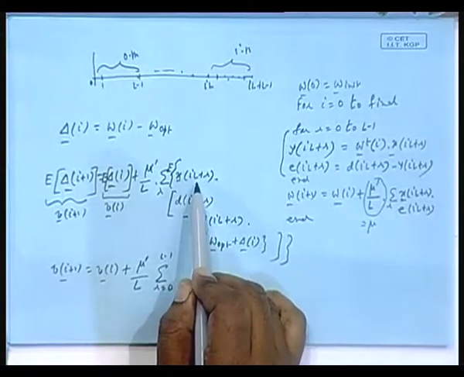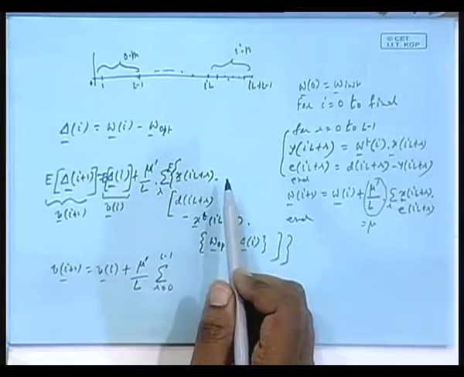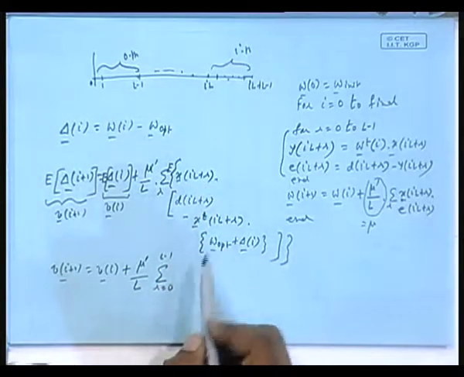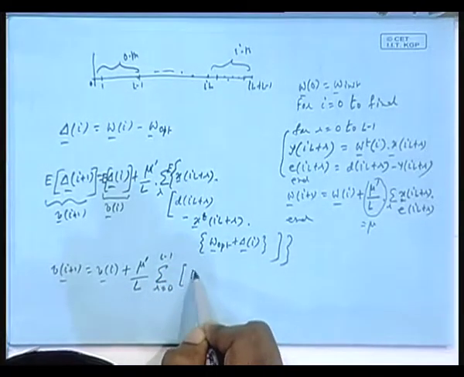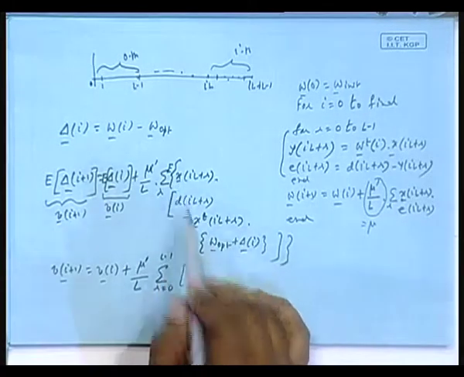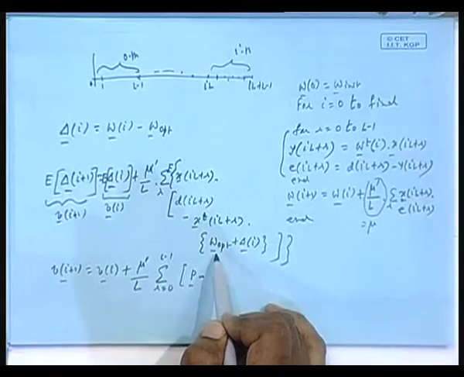Data vector of any index times the desired response, expected value of that is P vector, and P irrespective of the index. So the first term will be P, okay, and then X transpose and W opt.